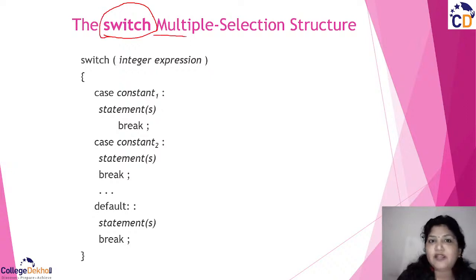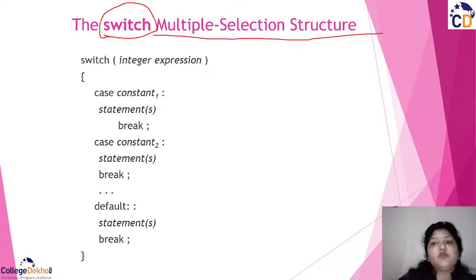When you have a multiple selection structure in your program, only then do we use the switch statement, right? A switch statement has a number of cases within it. I will be showing one example also. Let us first understand the syntax. What is the syntax for this switch statement?